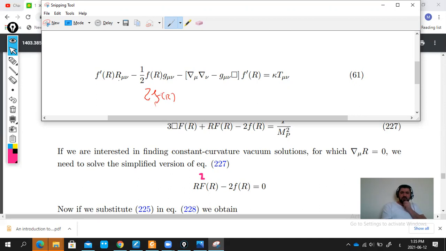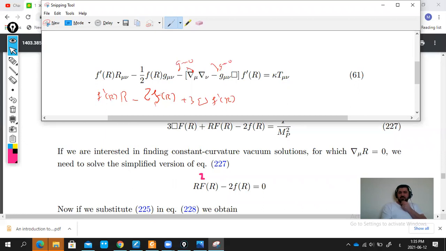Now this with G mu nu, that will be F prime R, R, minus 2FR, and here we have a plus 3 Laplacian F prime R, because G mu nu with this will give the Laplacian, and G mu nu with this will give 4.